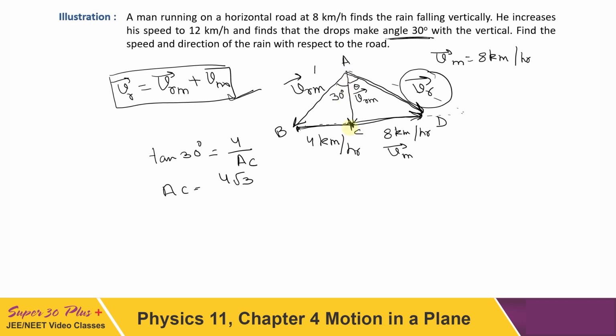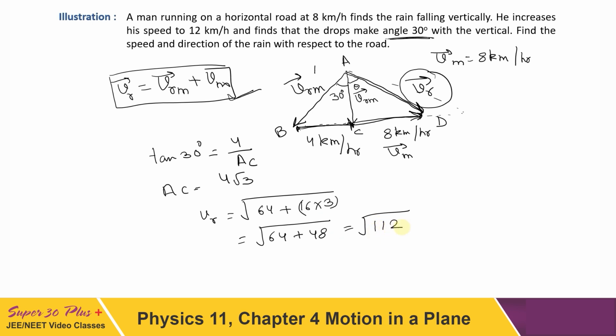So AC is known, CD is known. What would be the value of VR? VR would be equal to the square root of 8 square, that is 64, plus AC square, which is 16 into 3, that is equal to 64 plus 48, which is 112. So this is root 112 km per hour.